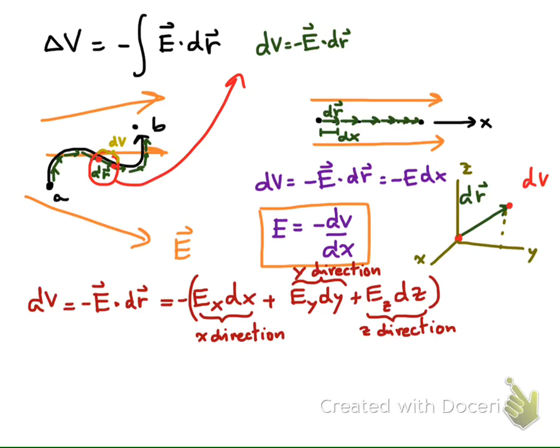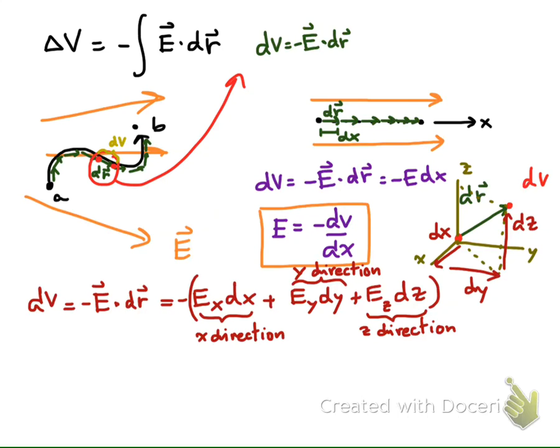So you can write down the x component of dr, which is dx, the y component of dr, which is dy, and the z component of dr, which is dz.